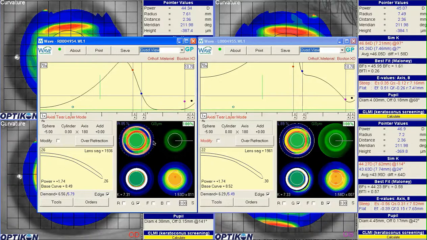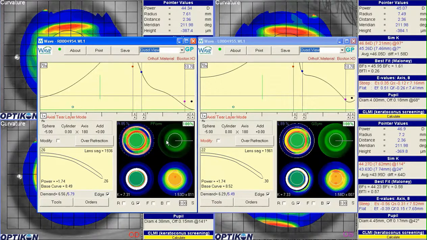So now we have a new lens. In the GSYM view mode, you can see that the pattern looks more like what we expect for a reverse geometry ortho-K lens. We are still designing in GSYM mode, which I think for this cornea is perfectly fine. Now if I switch to freeform, we'll see that we get a little bit more clearance out here. This is where Wave is laying a simulated fluorescein pattern on what Wave thinks is the true cornea.